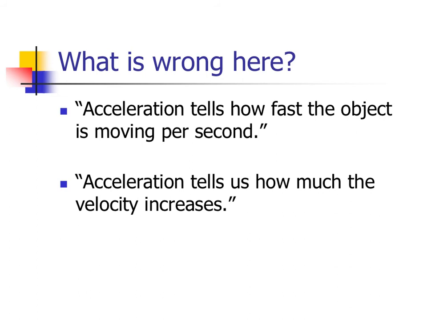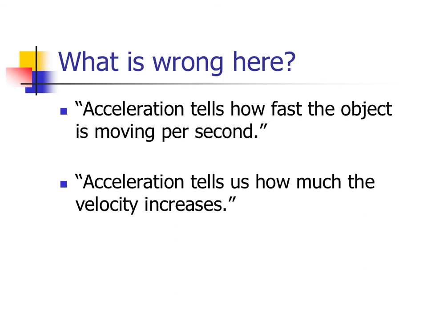Now, what's wrong with these statements? First one, acceleration tells us how fast the object is moving per second. What's wrong with that statement? It can be other time intervals.